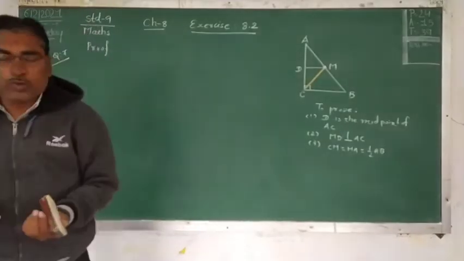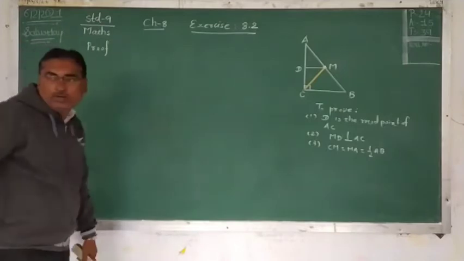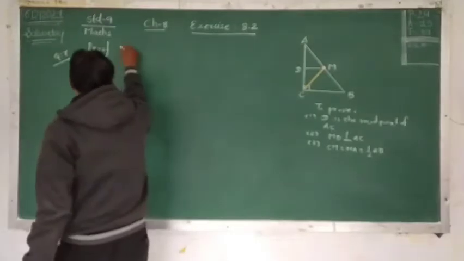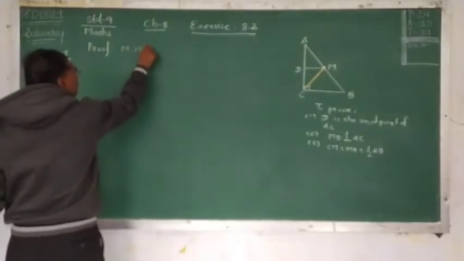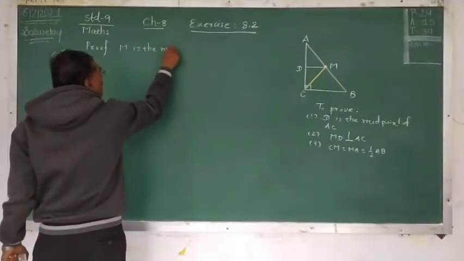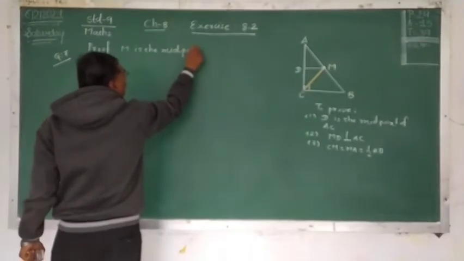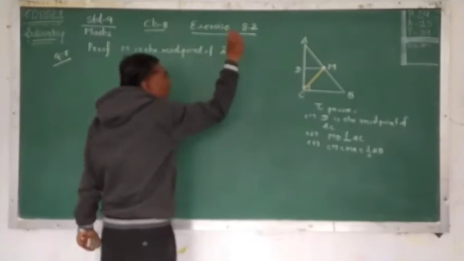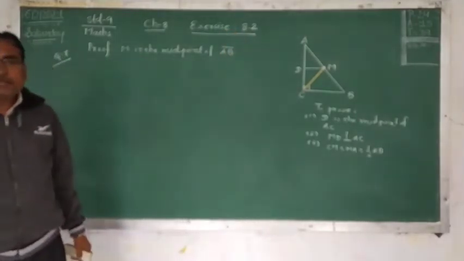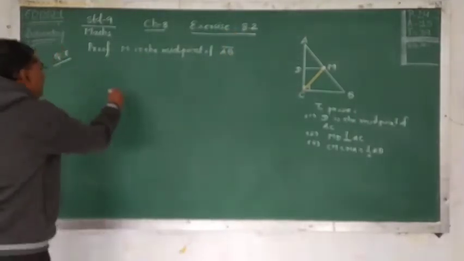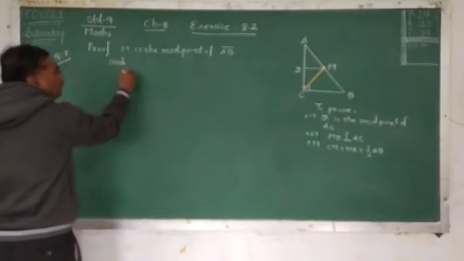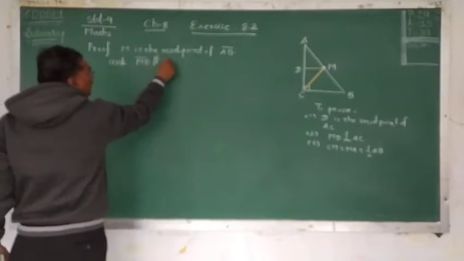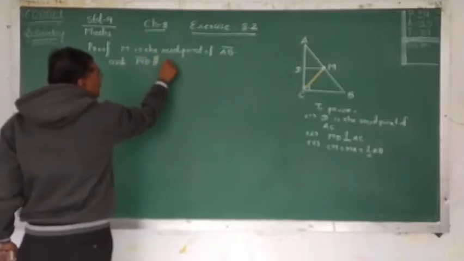Now prove. Okay. M is the midpoint of AB, and MD is parallel to BC.